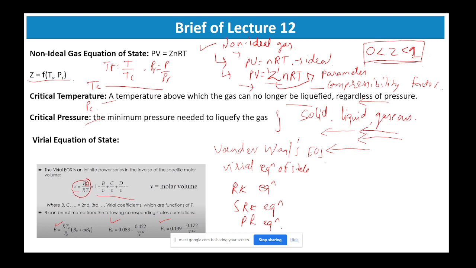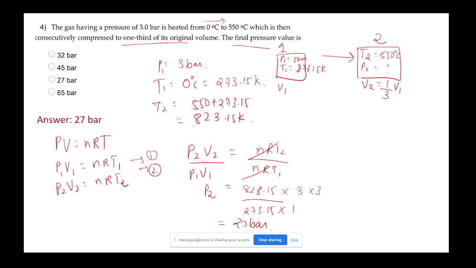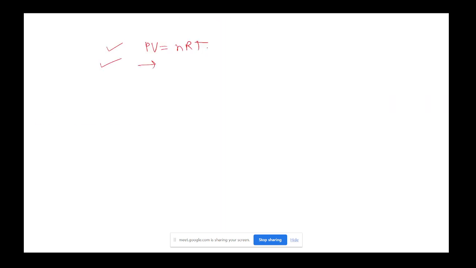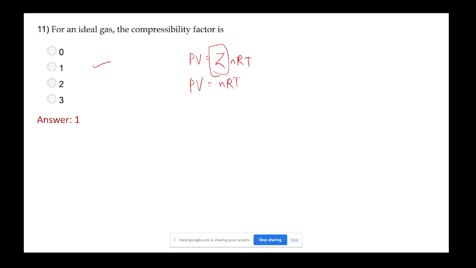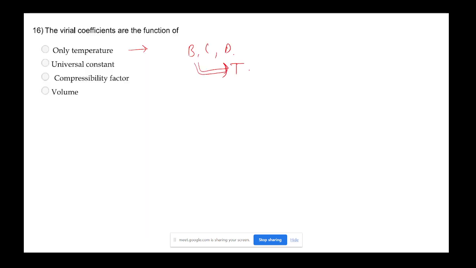Here you can see B0 is dependent on Tr, where Tr is nothing but temperature by critical temperature. So it is nothing but dependent on just temperature. These are correlations which are derived based on experiments. So for virial coefficients, they are a function of temperature.